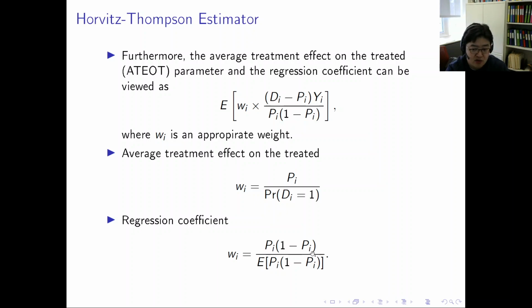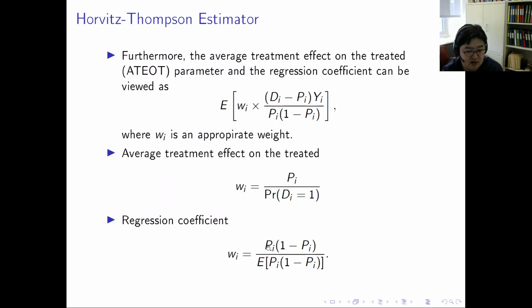So the numerator is the variance of treatment conditional on X. If you remember, last time I told you the regression weights are proportional to the variance, and the variance actually equals the probability of treatment times the probability of non-treatment.